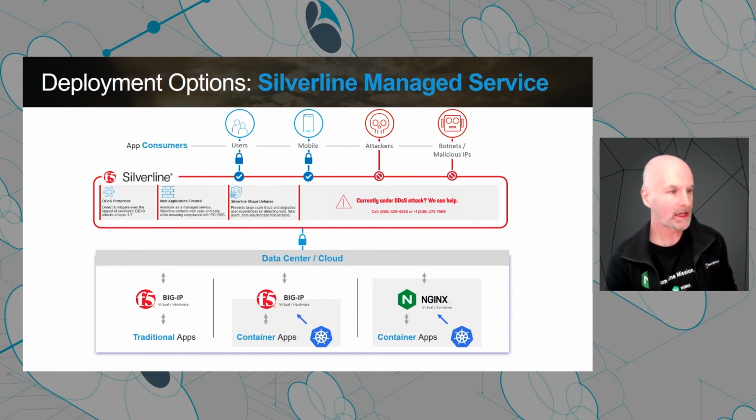And then from Silverline in the back end, we have a secure connection to your cloud environment, so your cloud environment only allows Silverline to access. Silverline is a globally distributed service that provides massive DDoS mitigation, and a web application firewall for each individual application. So it's tailor-made, handcrafted by the SOC, so that you've got all the security that you need, and the responsibility is offloaded onto F5.